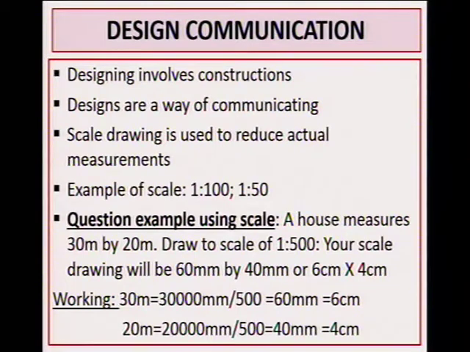Then you get 30,000. Then you divide 30,000 by 500. And then you get 60 millimeters, which is 60 millimeters divided by 10, then you get 6 centimeters. You do the same with your width. Then you can now draw your house according to scale.